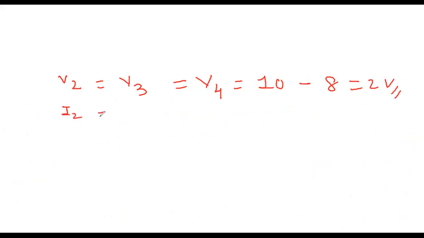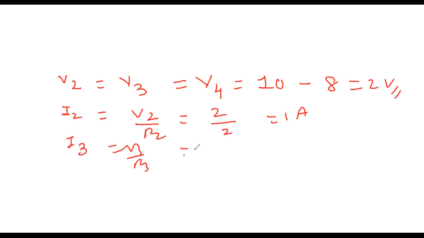So I2 is V2 upon R2, which is 2 upon 2, 1 ampere. I3 is V3 upon R3, which is 2 upon 3, which we can write as 0.67 ampere.